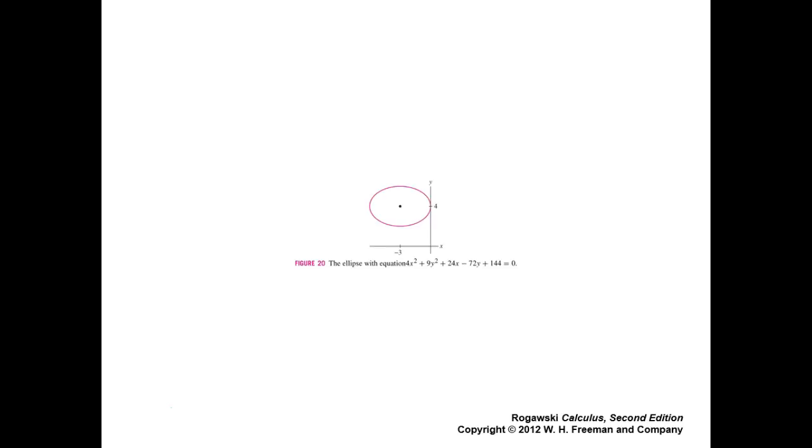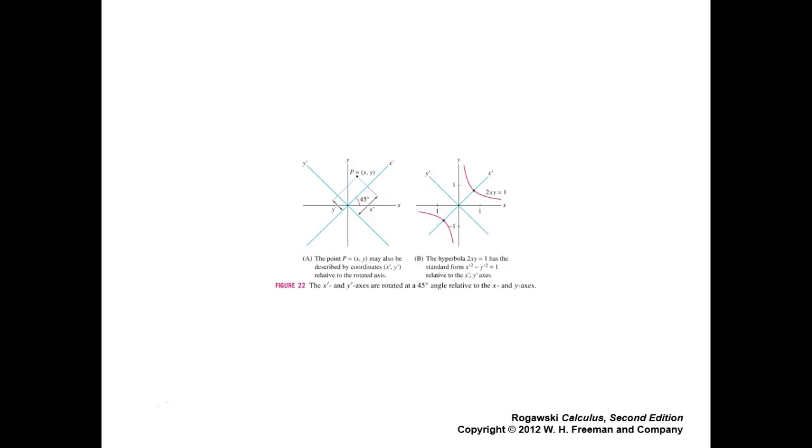The plus x moves the x this way, and the minus y moves it up this way, and you'll wind up getting exactly that ellipse. This is talking about the rotational scheme. We're not going to mess with that now. That's a hyperbola that's been rotated.